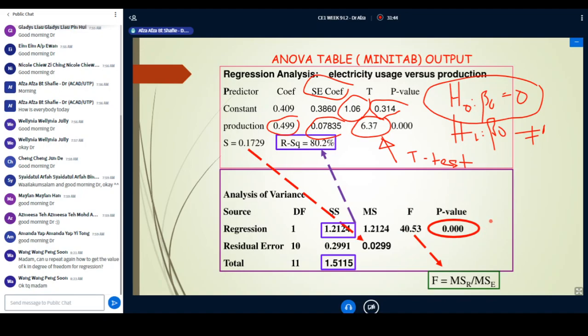Sometimes the p-value is given to you, and sometimes the p-value is not given to you, so we just need to look at the table. So all this we have gone through and calculated. Now, how do we get S from here? This is actually the square root of 0.0299, because we use the formula SSE divided by n minus 2.